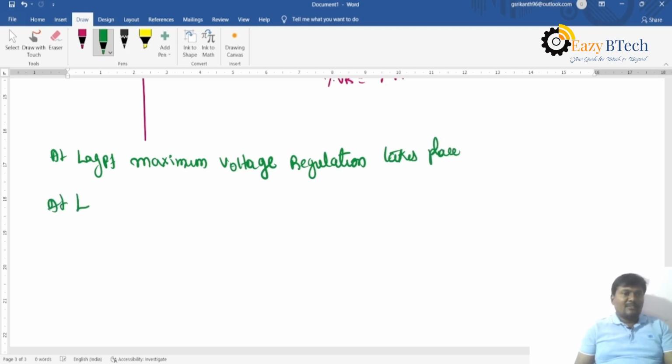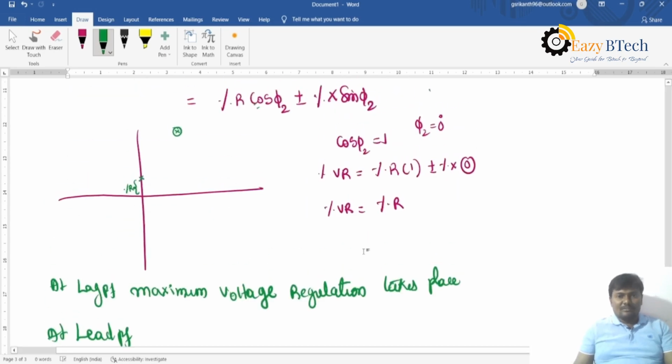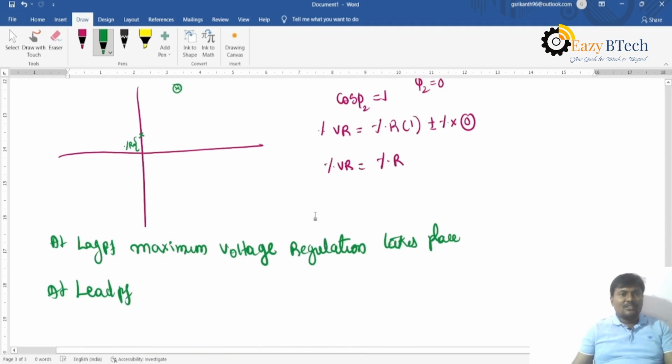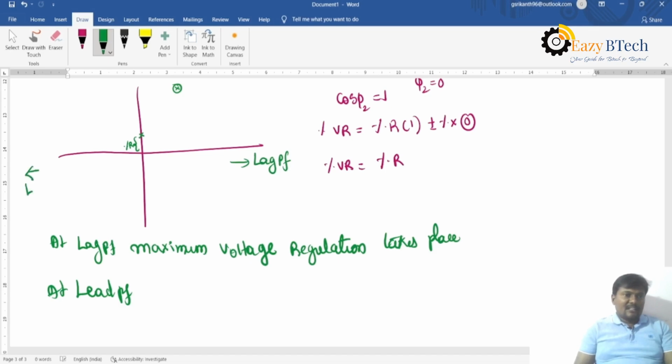At leading power factor, these two are subtracted: percentage R cos phi2 minus percentage X sin phi2. So at one power factor, if both are equal, then the percentage voltage regulation will be 0. So this side is for the lagging power factor, and the left side is for leading power factor, and it increases like this, and after that decreases.